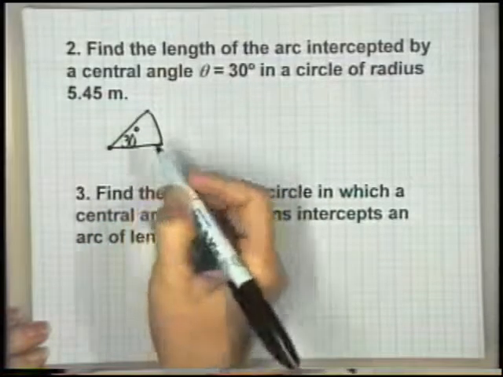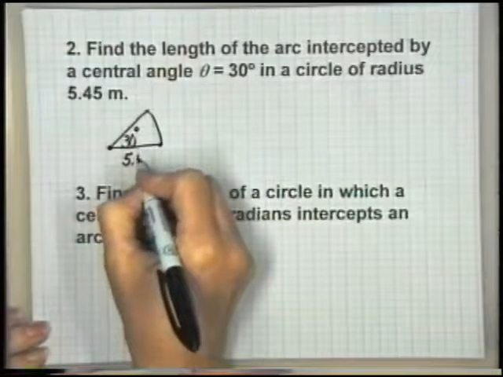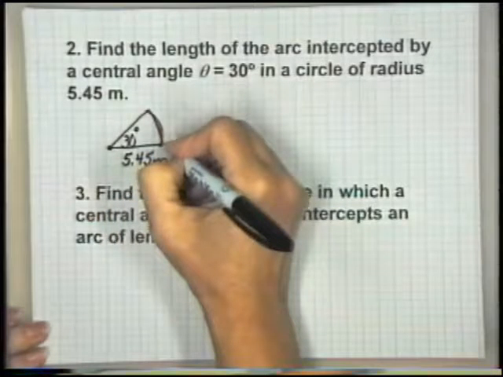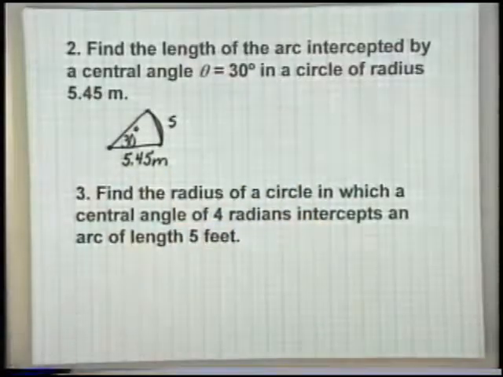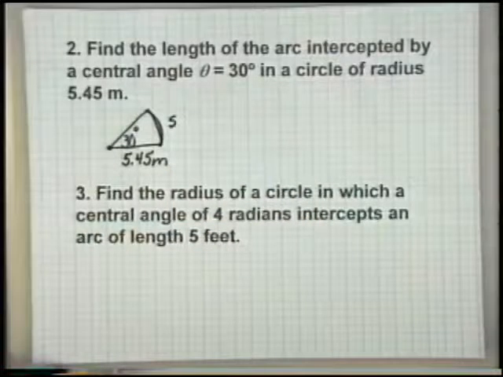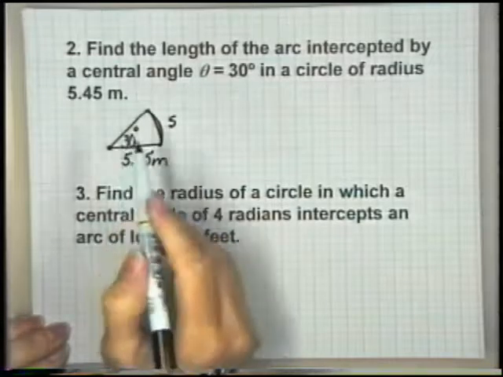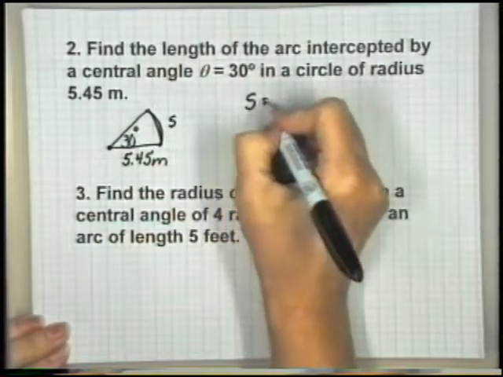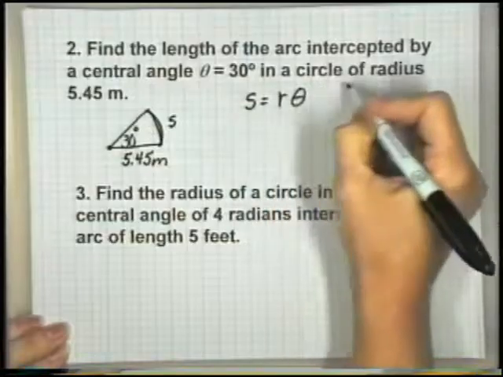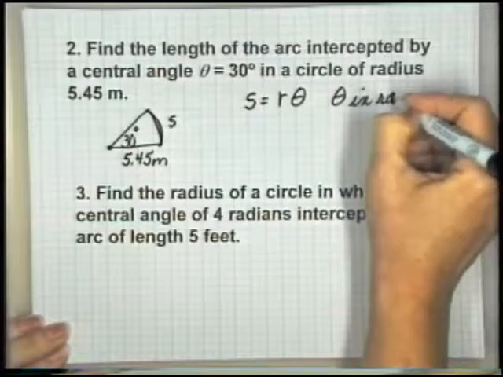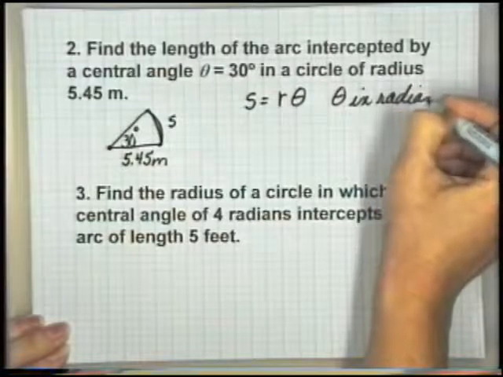This distance would represent our radius, which is 5.45 meters, and they're asking us to find this arc length, which is S. Well, of course we know what we have to do. We multiply theta times r, but what's the problem with theta? Theta must be in radians.